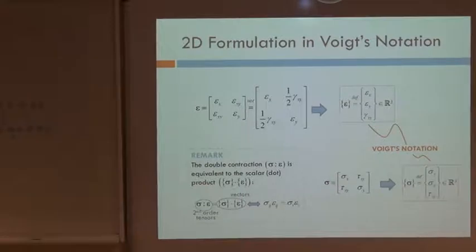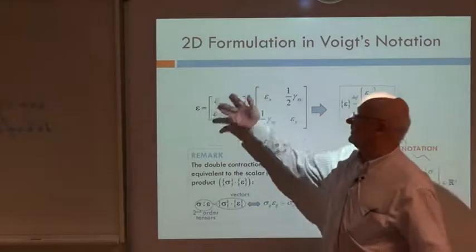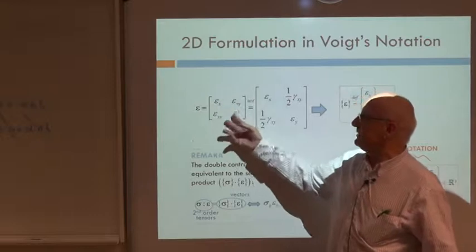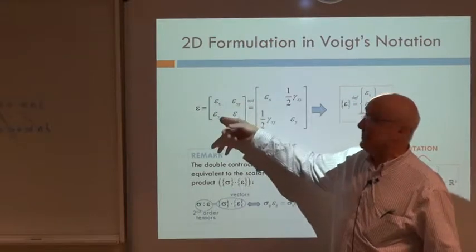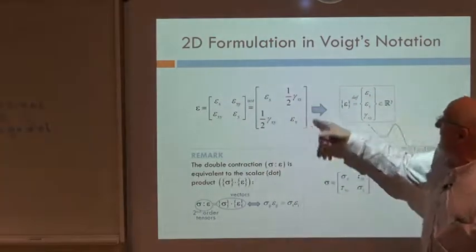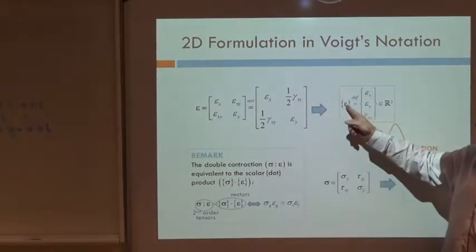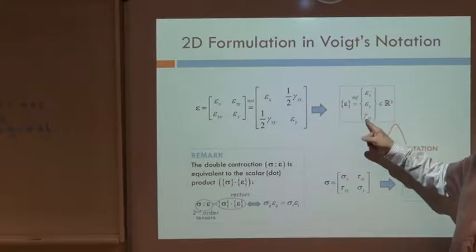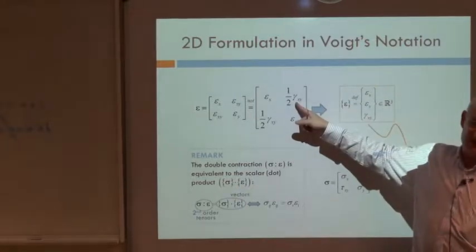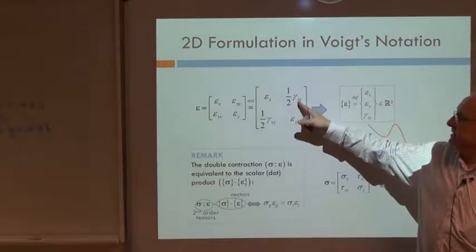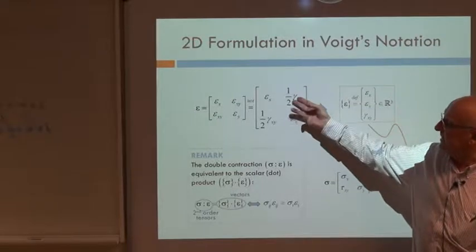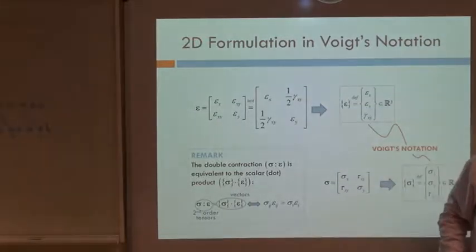Of course, in your assignments, you are not going to work in 3D. We're going to work in 2D. So everything holds anyway. Instead of having epsilon as a second order tensor in 3 times 3, it's 2 times 2. Again, the Voigt notation says the strains are epsilon x, epsilon y, and then the shear deformation, gamma xy.